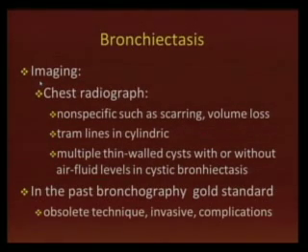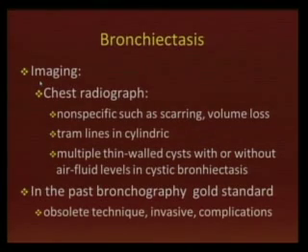The most important thing is to know how to recognize bronchiectasis in the chest radiograph. Normally, you can see multiple thin-walled cystic lesions, mainly in the perihilar region, or tram lines in cylindric bronchiectasis, mainly in the upper lungs.